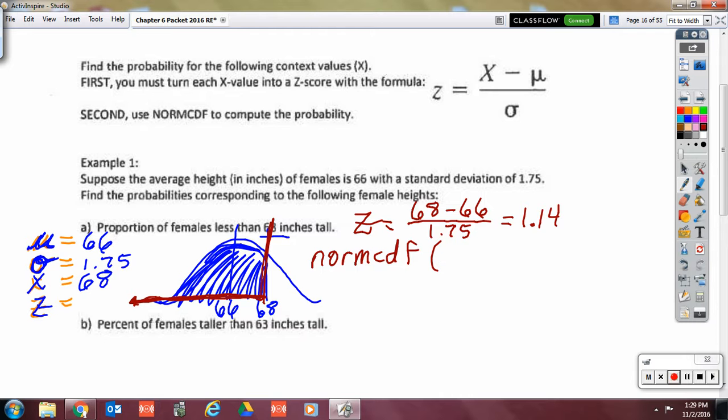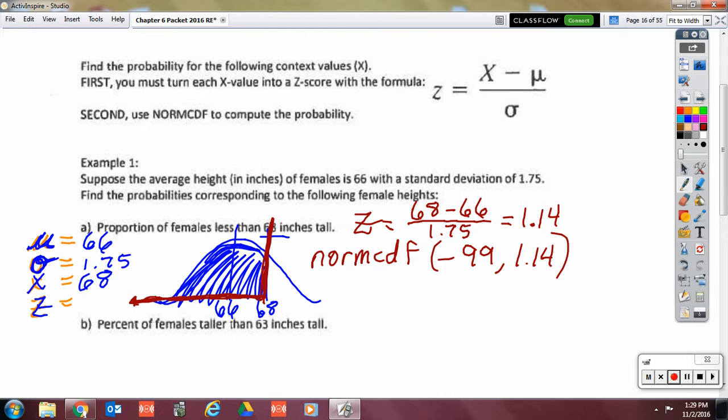Negative infinity, so I represent that with a negative 99. Up to this upper z-score, which is 1.14. Yeah. You cannot put the x value in there.